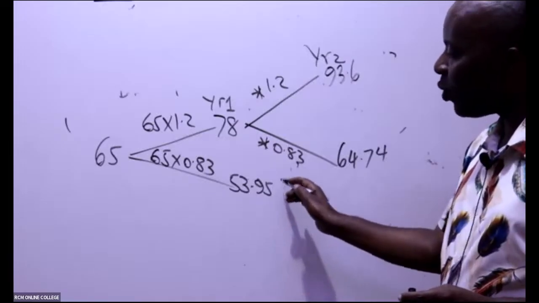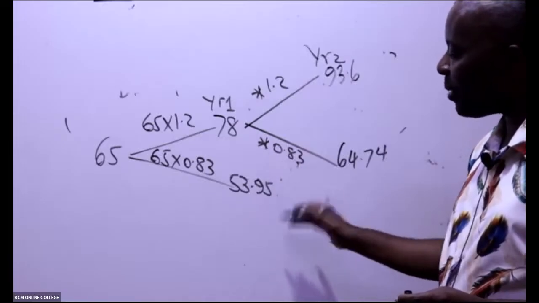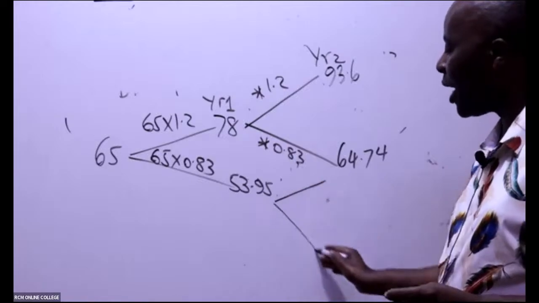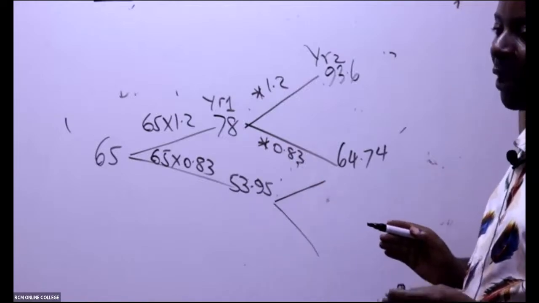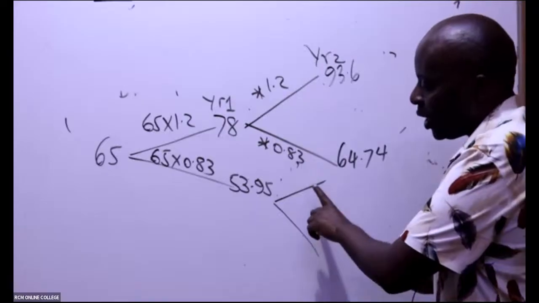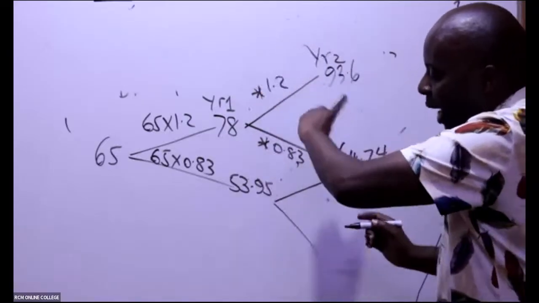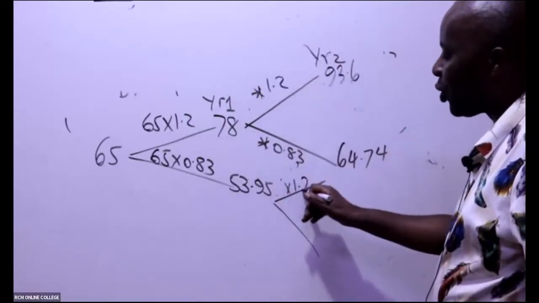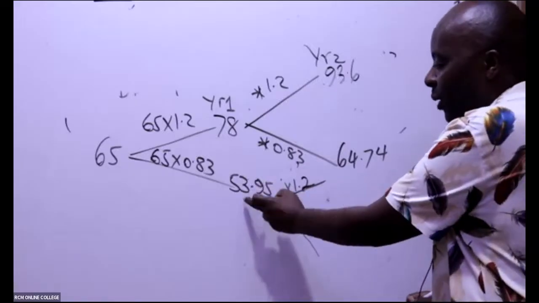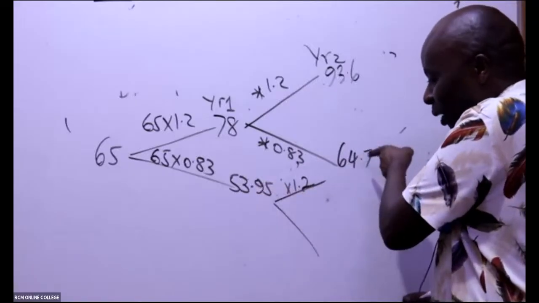How about this one? If this one was the end of year one parameter, when it goes to year number two, there are two possibilities. It could either go up, so up movement, you multiply by 1.2, and we expect that when I take this times this, you should be able to agree with this figure.